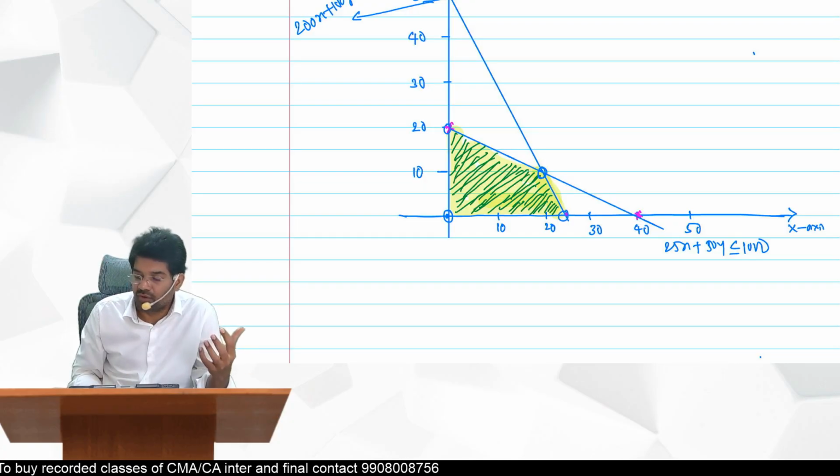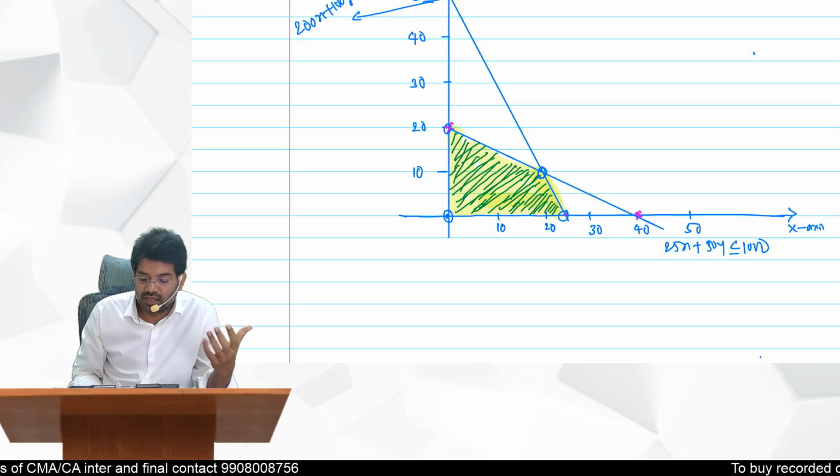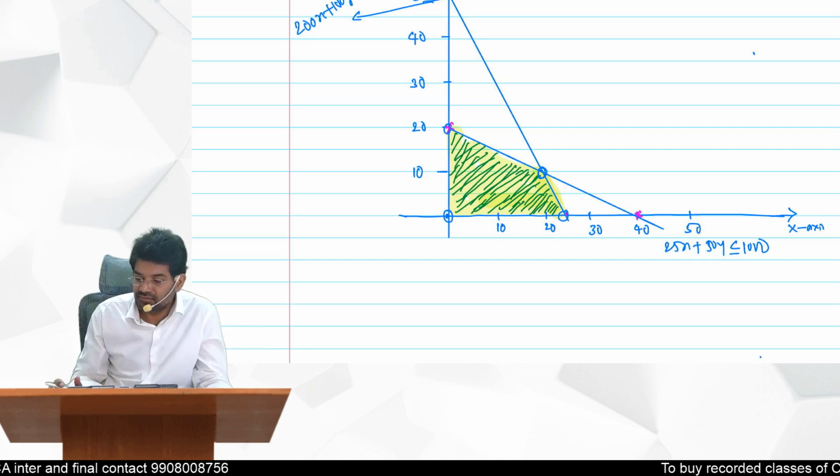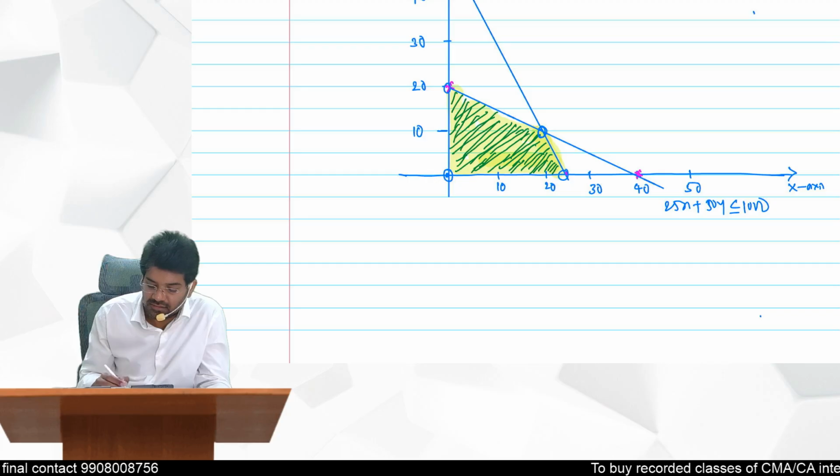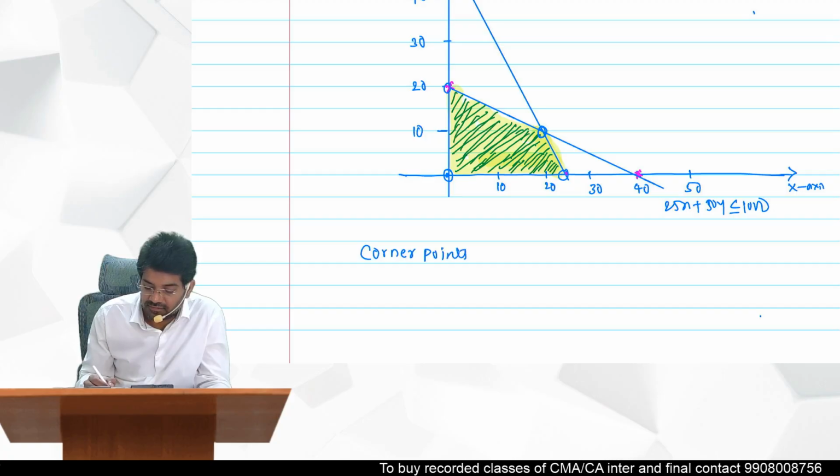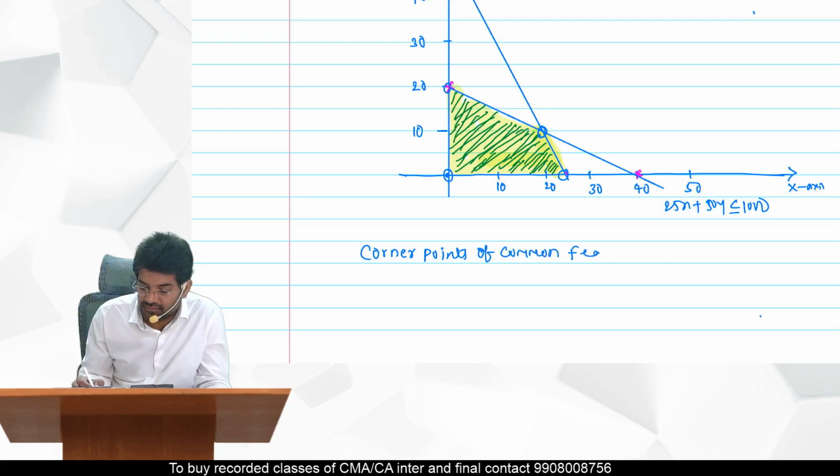Obviously, one corner point here is the origin 0, 0. The remaining corner points, what are they?